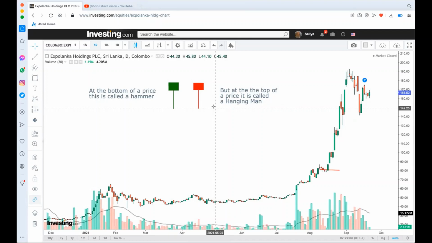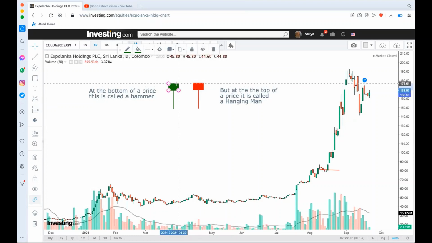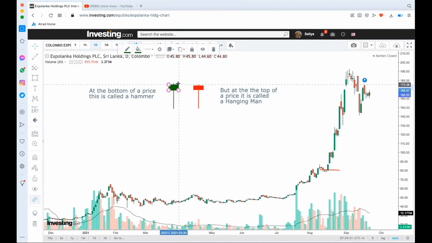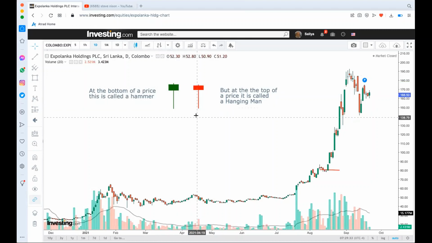But in certain instances, you may see a small edge of the wick, something like this, or maybe even like this, right? They are also known as pin bars, right?